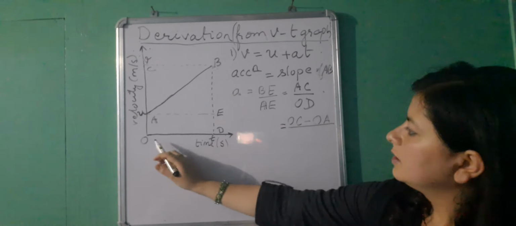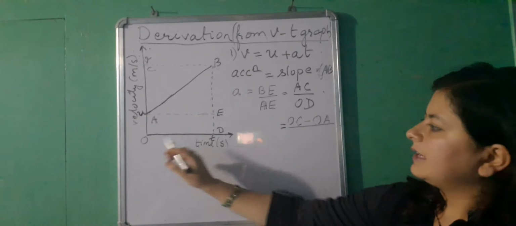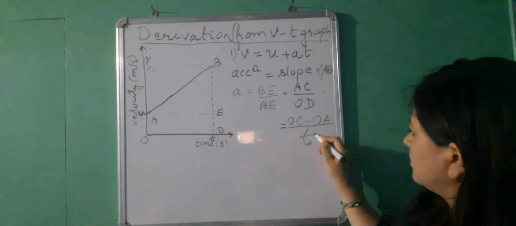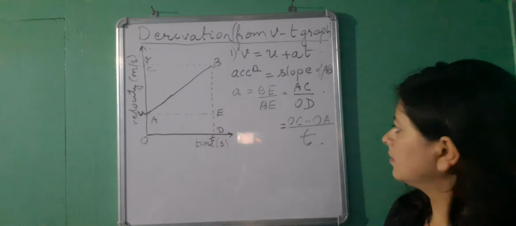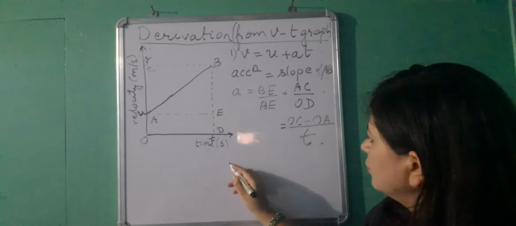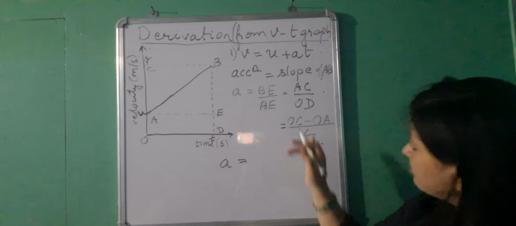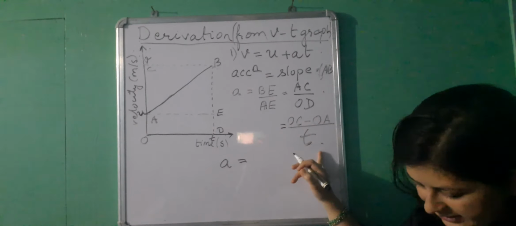What is OD? This distance, that is T minus 0, that is nothing but T. All right, so acceleration is equal to OC minus OA divided by T.